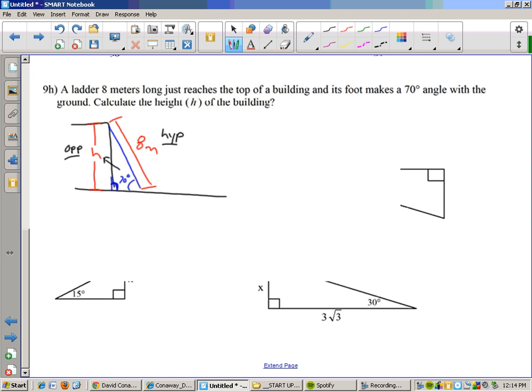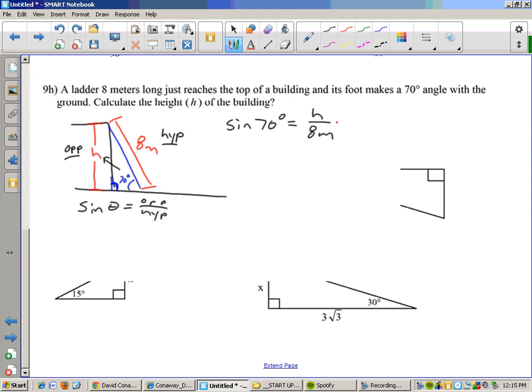So which one uses opposite and hypotenuse? Sine theta equals opposite over hypotenuse. That'd be SOH, or some old hippie. So we're going to plug in sine 70 degrees equals, opposite is H, hypotenuse is 8 meters.